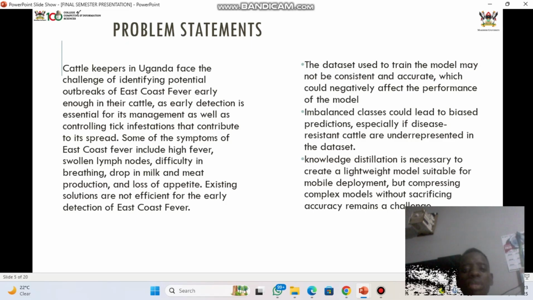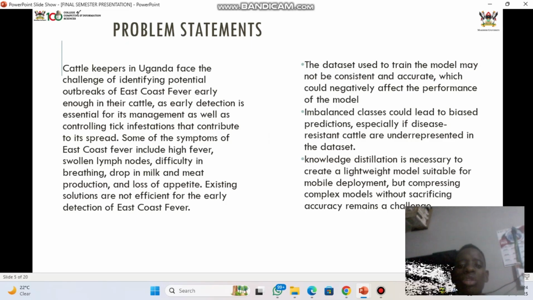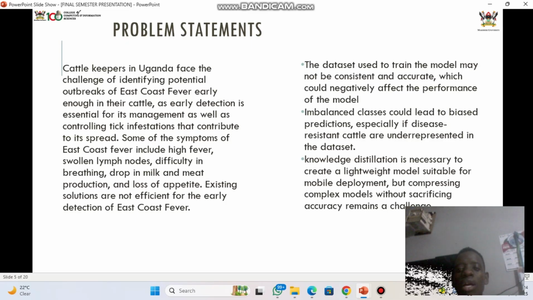I'll talk about the computational problems. One of them is that the dataset used to train the model may not be consistent and accurate for some parts of the area, as it was obtained from particular areas. Also, imbalanced classes could lead to biased predictions, especially for the disease-resistant cattle, which are under-represented in the dataset.